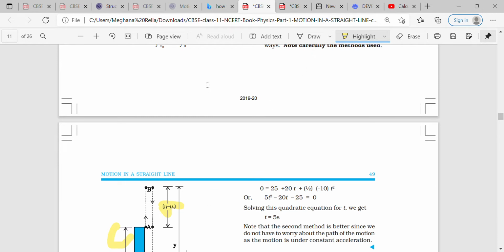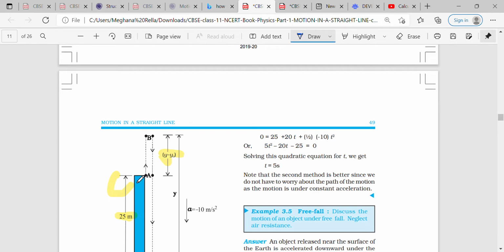The time we don't know. So y minus y naught will be x. So y naught is basically 25 meters.